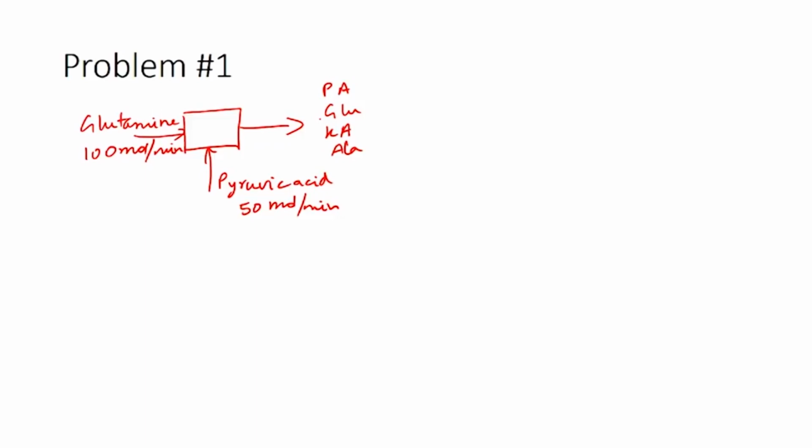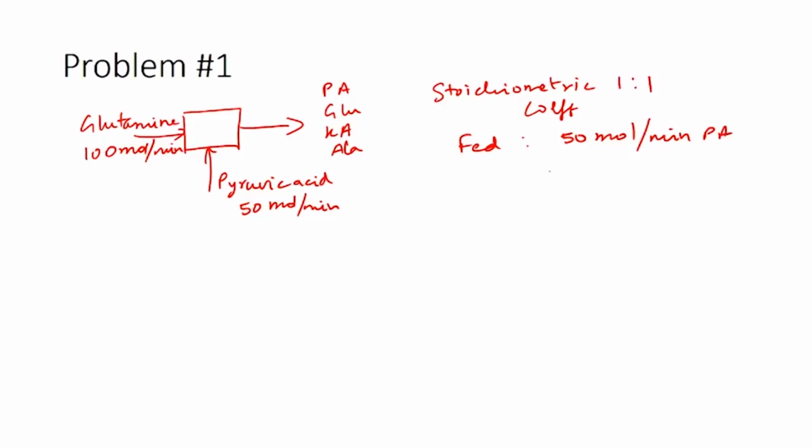So, now we need to first identify which of these two is the limiting reactant. The stoichiometric coefficients for both these reactants is 1, which means the ratio of the stoichiometric coefficients is also 1. Here it is fed as 50 moles of pyruvic acid per minute and 100 moles of glutamine per minute.